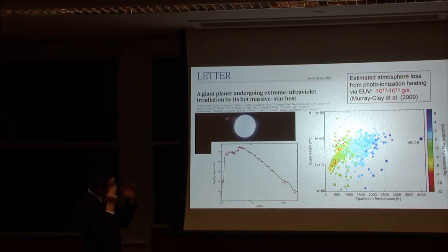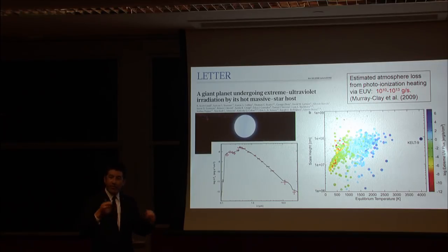And so now you can really do some fun stuff. You can ask, if I hit my planet with this much extreme ultraviolet light, and I do some physics, Ruth Murray-Clay has worked on this problem of photoionization and the attendant heating of the atmosphere.